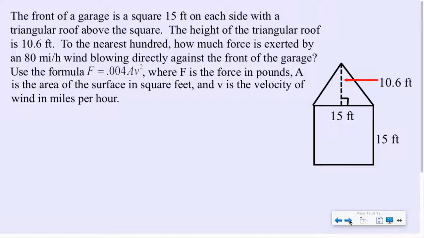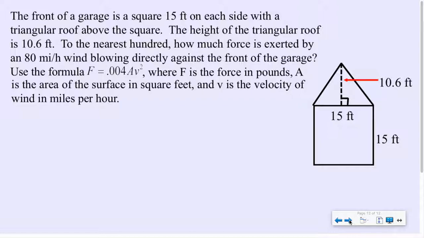To the nearest hundred, how much force is exerted by an 80-mile-an-hour wind blowing directly against the front of the garage? Use the formula F equals 4,000 AV squared, where F is the force in pounds, A is the area of the surface in square feet, and V is the velocity of wind in miles per hour.